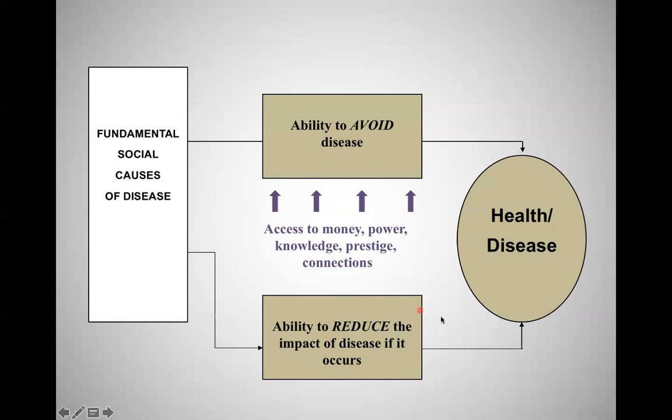The second pathway is that even after a disease or poor health outcome happens, how much resources, access to money, power, knowledge, prestige, and connections we have will help us reduce the impact of that disease, even if it occurs. So fundamental social causes help us avoid disease, but even if the disease happens, fundamental social causes provide us with more resources to reduce the impact of that disease.